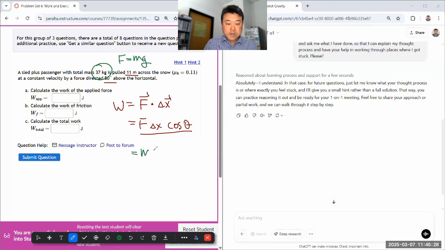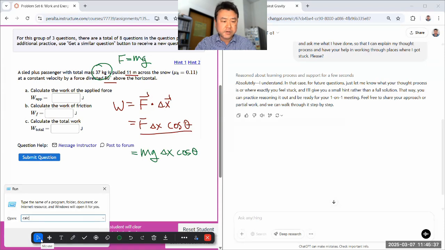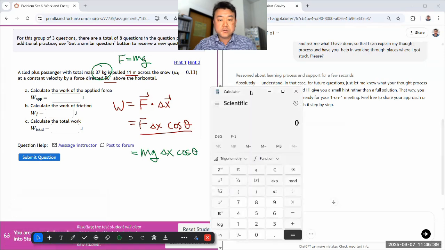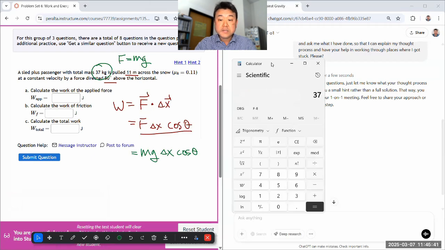So you do mg delta x cosine theta. Plug in the numbers. Let me actually plug in the actual numbers with the calculator. So you do 37 times g, 9.8, times delta x, 11, times the cosine of the angle, 50 degrees, is equal to 2564 joules.